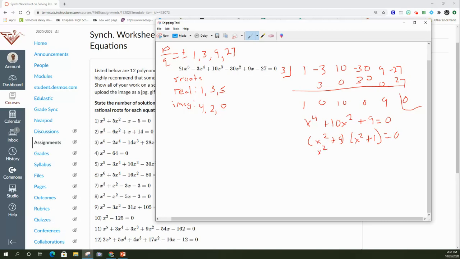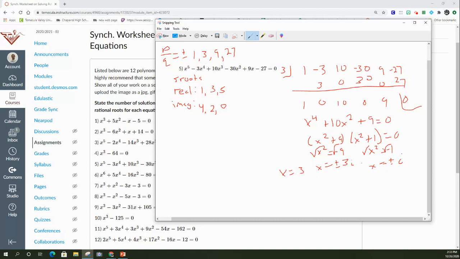When I solve both of these, x squared equals negative 9, square root both sides, so x equals plus or minus 3i. Here I subtract 1, I get x squared equals negative 1. Square root both sides. Square root of negative 1 is i, so x equals plus or minus i. And the other answer was x equals 3.